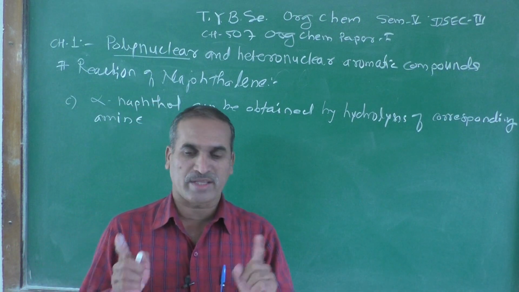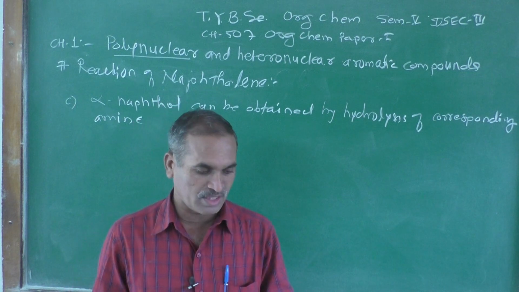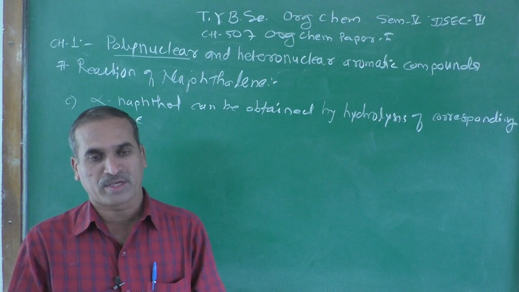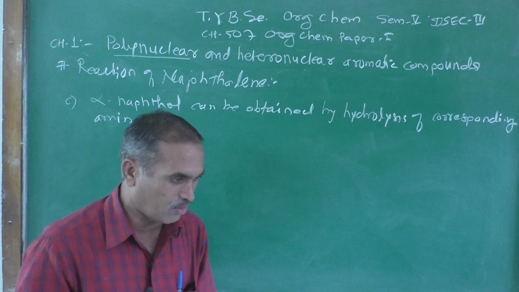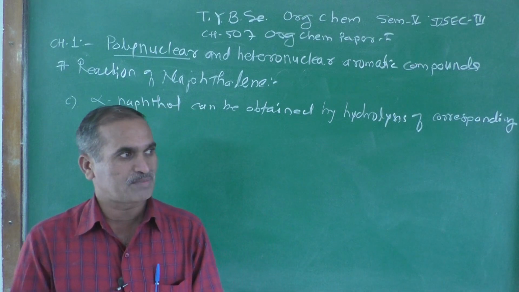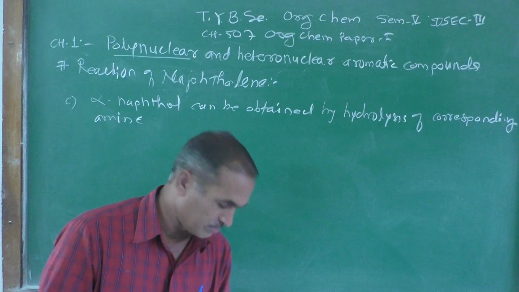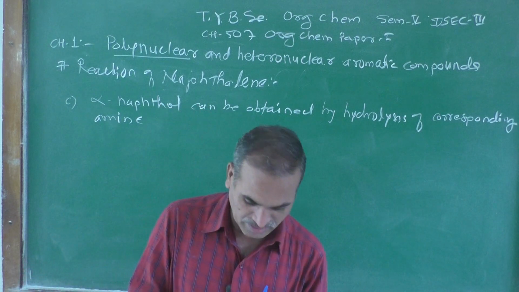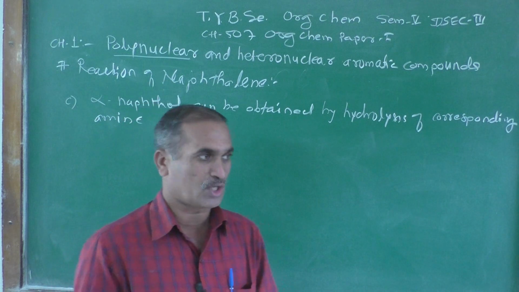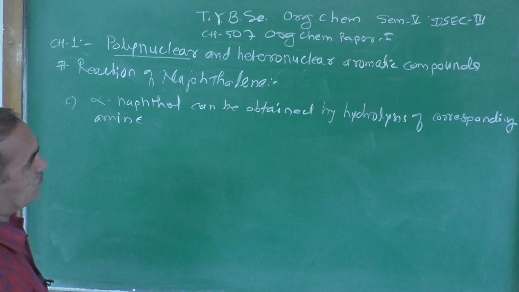Why are they basic? Because nitrogen has a lone pair, and that lone pair is readily available for donation. According to Lewis base theory, electron-donating species are bases.